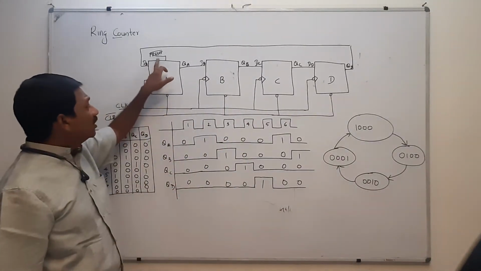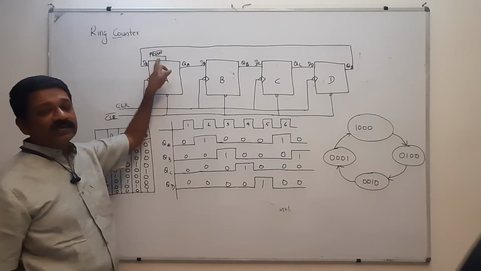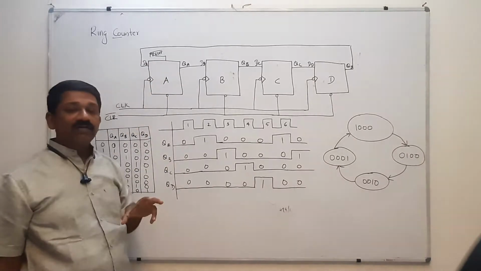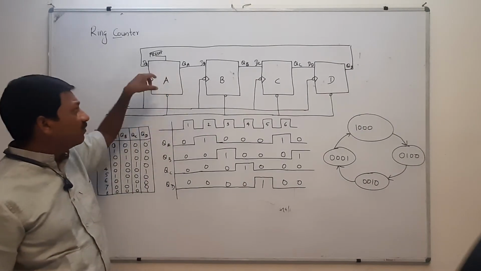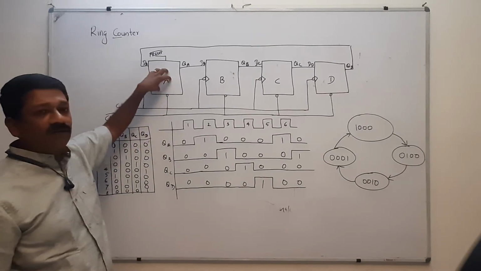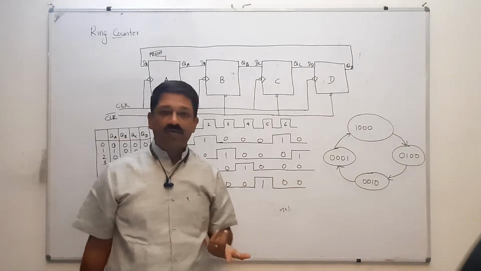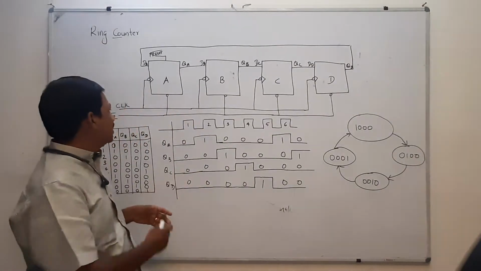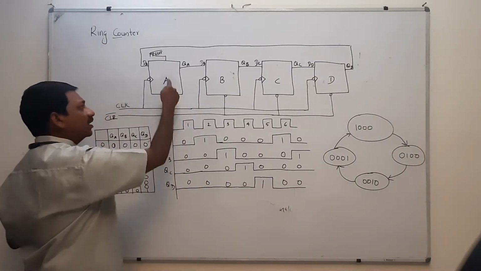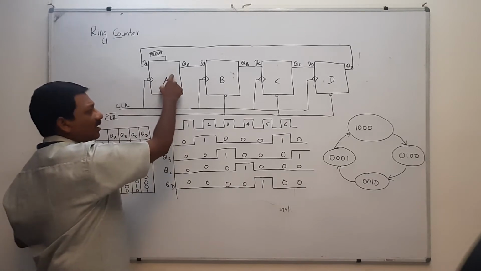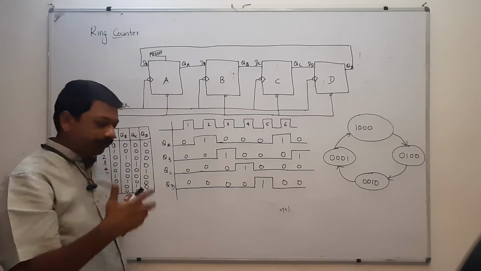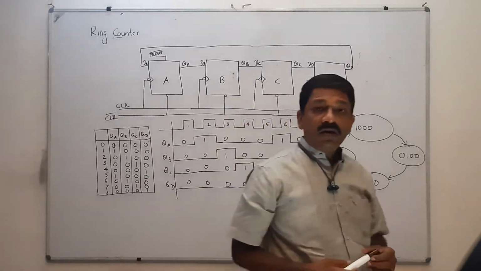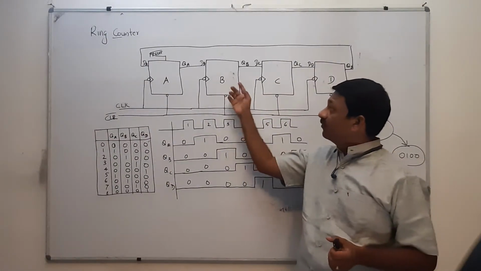And when the preset input of a flip-flop is activated, the content of that flip-flop will become 1, or it will be set. That means clear is for clearing or resetting the content of the flip-flops, and the preset signal is for setting the content of a flip-flop.